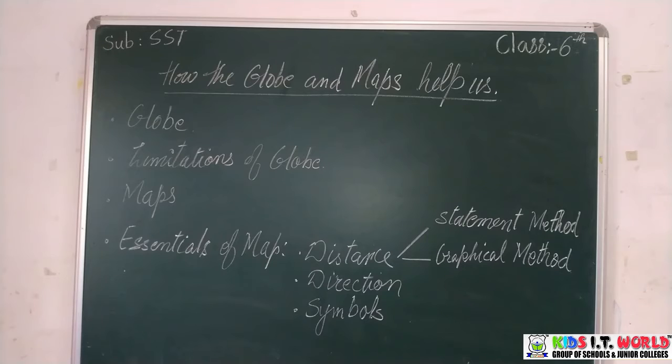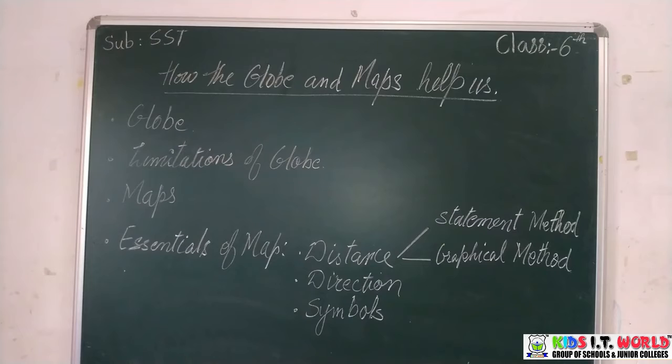For every 10 kilometers, 1 centimeter will suffice. If the school is 10 kilometers, it's 1 centimeter on the map. If the railway station or a bus stand is 20 kilometers away from your house, then it will be 2 centimeters.